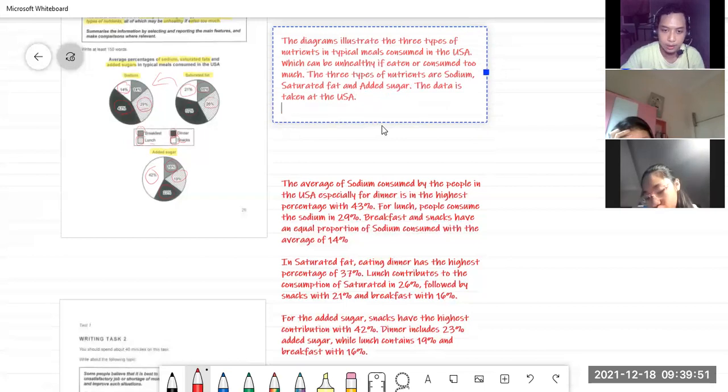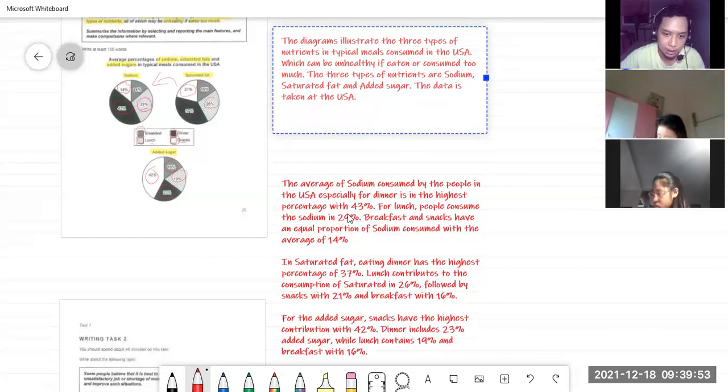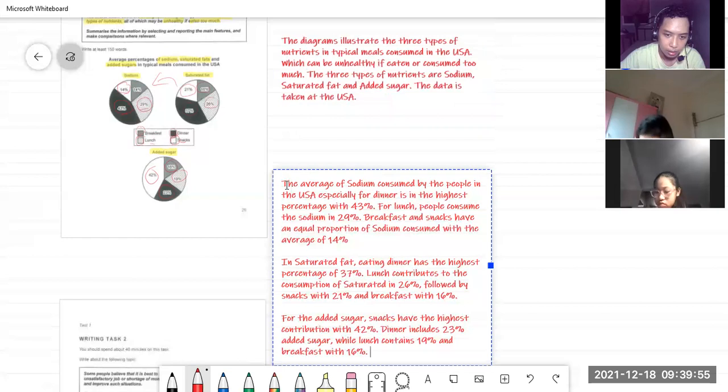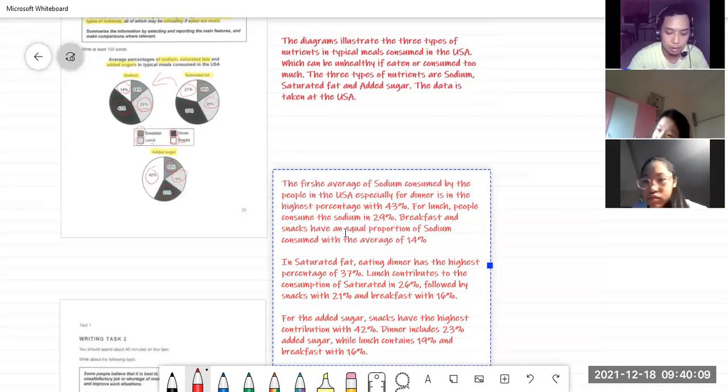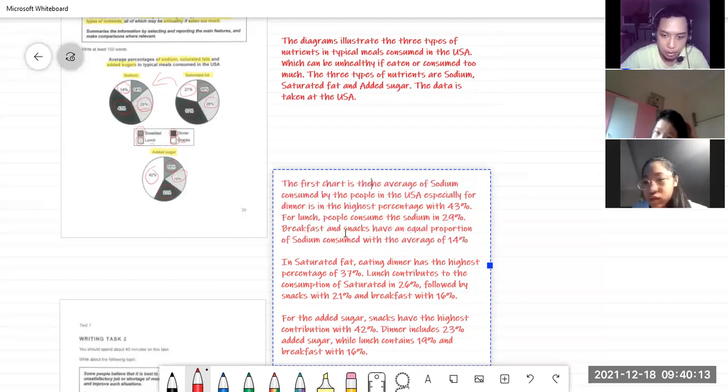Okay, so we have the first paragraph. Then we just add this. The first chart is the average of the sodium consumed. What about saturated fat? Is it the second or the third chart?